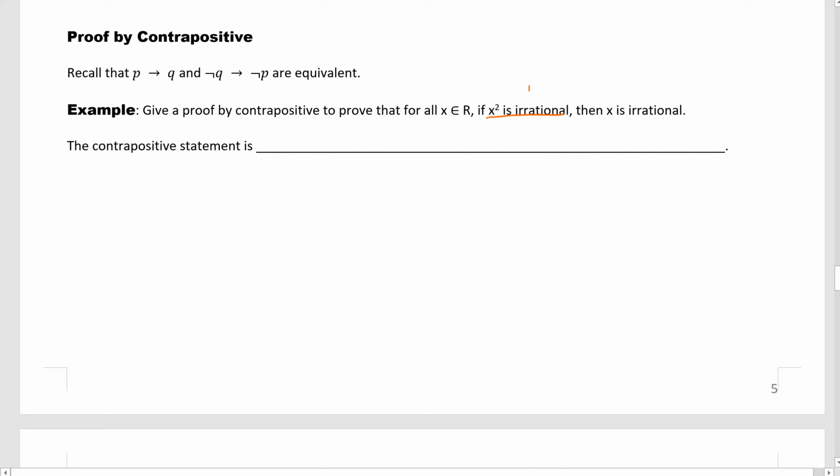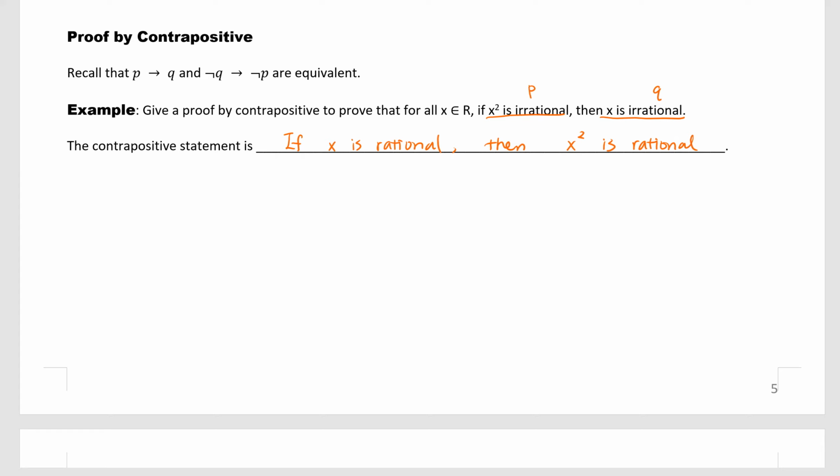So this is p, this is q. The contrapositive statement is not q implies not p. That means if x is not irrational, which means x is rational, then x squared is not irrational, so it's rational.